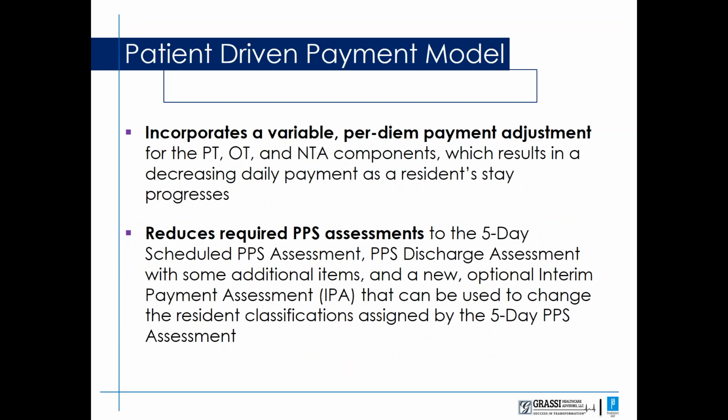It also incorporates a variable per diem payment adjustment for the PT, OT, and non-therapy ancillary components, which results in a decreasing daily payment as a resident's stay progresses. So the first couple of days is the highest reimbursement, and then it tapers down beginning on day 20. So what they're doing is incentivizing us to get residents out as quickly as possible. But we're also expected to have good outcomes.